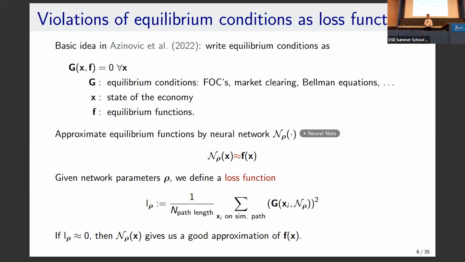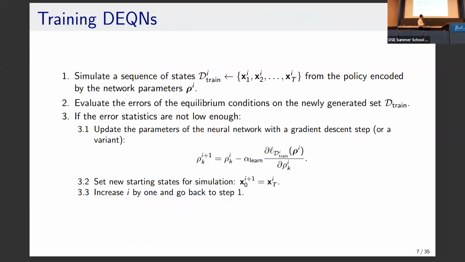In principle, we want it to be satisfied everywhere, for all possible x. But in practice, and especially in high dimensions, everywhere is not possible. So what do we really want? We really want these conditions to be satisfied where it matters, which is the ergodic set of states of the economy.